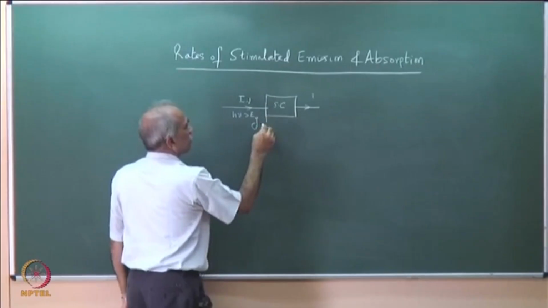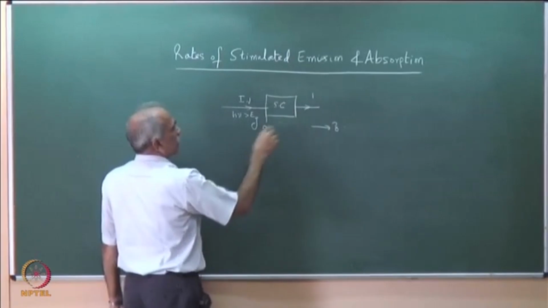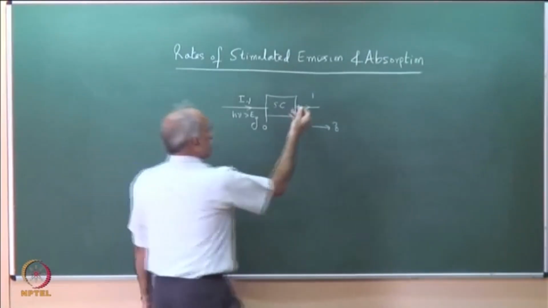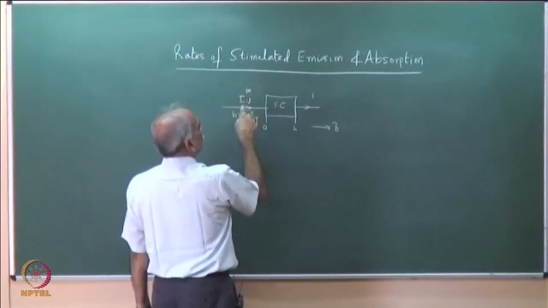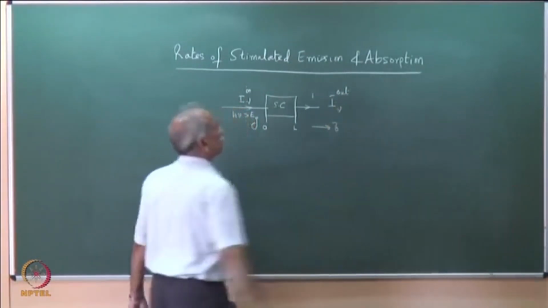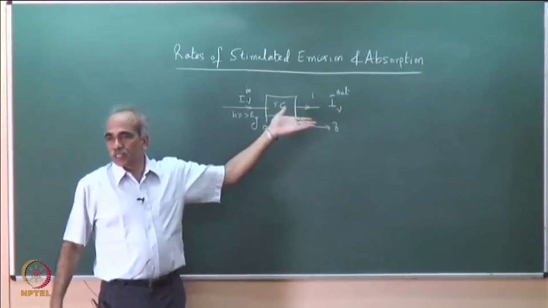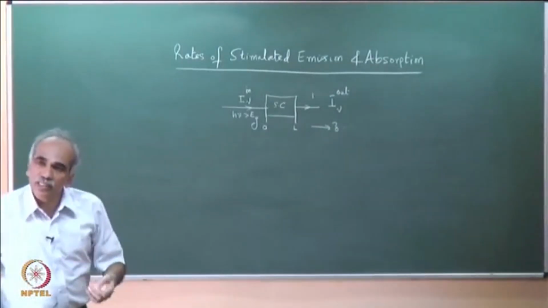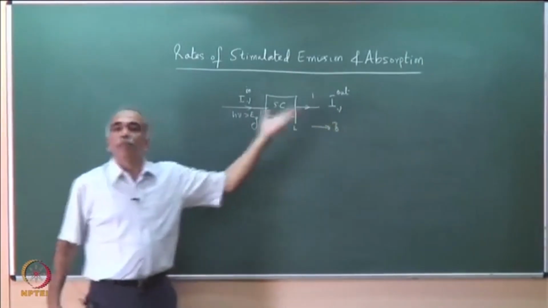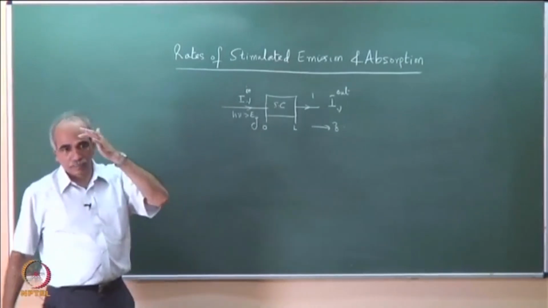If I call this L equal to 0, let us say this is the z direction of propagation, and this is L, the length of the semiconductor. If this is the input, I nu of input, then how is I out of nu related to I in? Whether there is attenuation, amplification or no change. Our specific objective will be to determine under what conditions we will get amplification, and what happens in thermal equilibrium, how does the semiconductor behave.